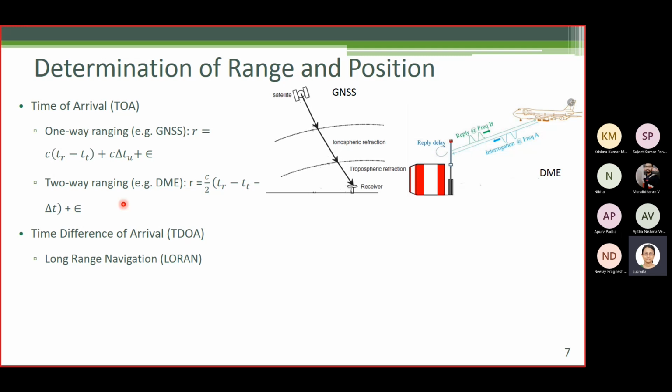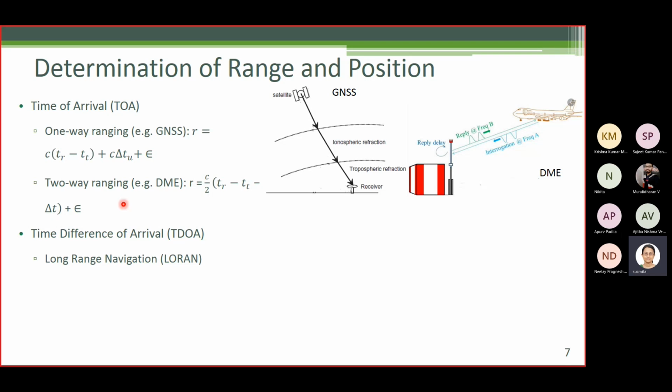In case of LORAN, the entire geographic area is divided into a number of chains. Now each chain comprises a master transmitter and 2 to 3 secondary transmitters. So now they are operating as a group. In earlier approaches, we had individual transmitters. They were not interacting with each other.